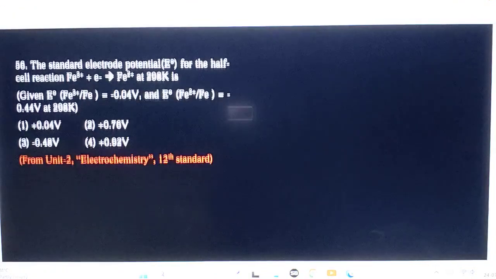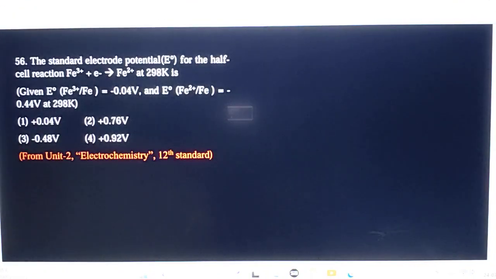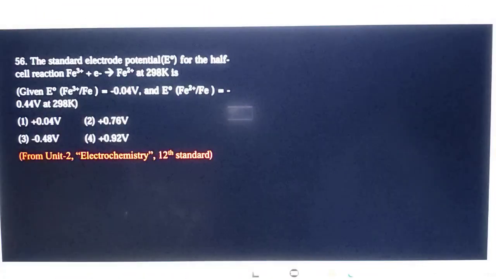The standard electrode potential E0 for the half cell reaction Fe3+ + e- giving Fe2+ at 298 Kelvin. For that you are given the E0 values for two other reactions, Fe3+ to Fe and Fe2+ to Fe. See, in such problems, how can you get the answer?